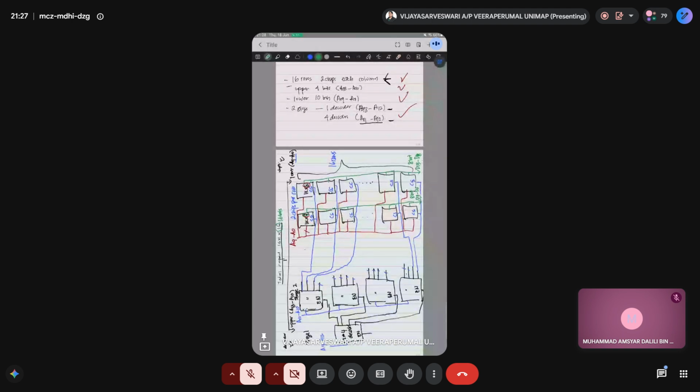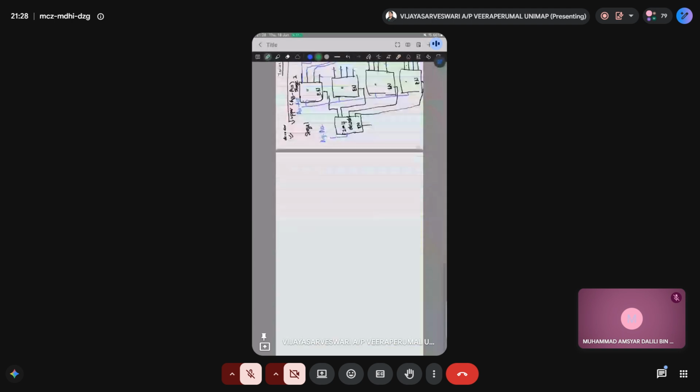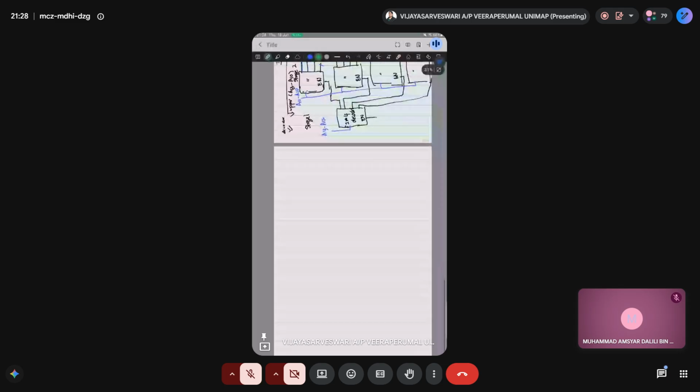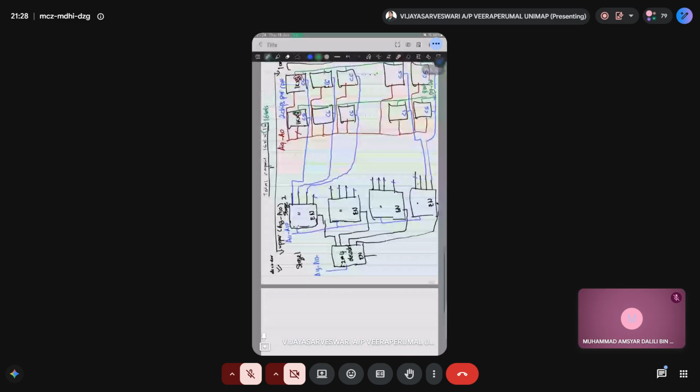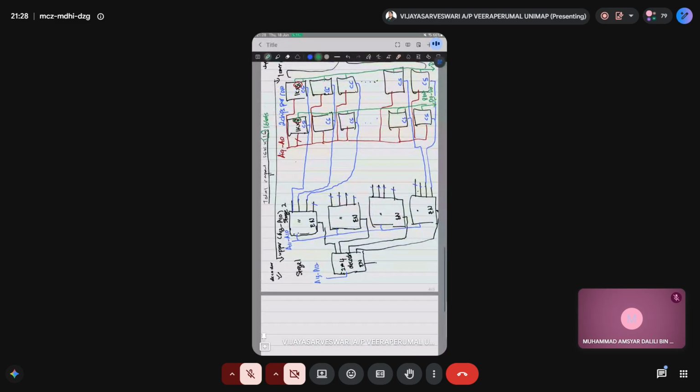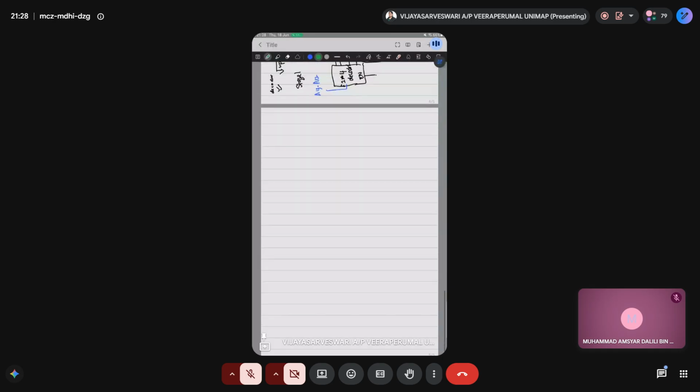Okay, ada sedikit yang saya nak bagi tahu kat sini. Kalau you tengok dekat chip ni kat atas ni, saya just nak tunjuk a bit.